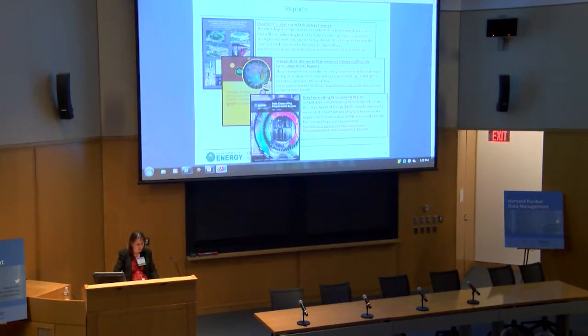And then this is my final slide, and it's just some references that I thought would be useful, because I didn't have a lot of time to go into all the different ways in which data is really driving a lot of the ways in which the Office of Science communities are thinking about their research.